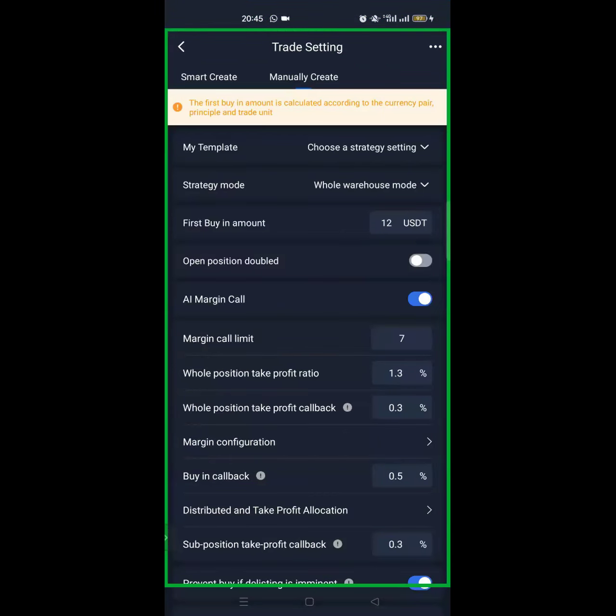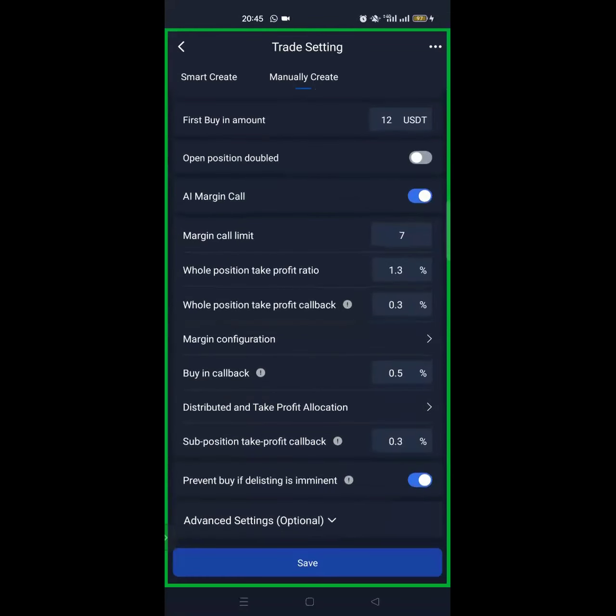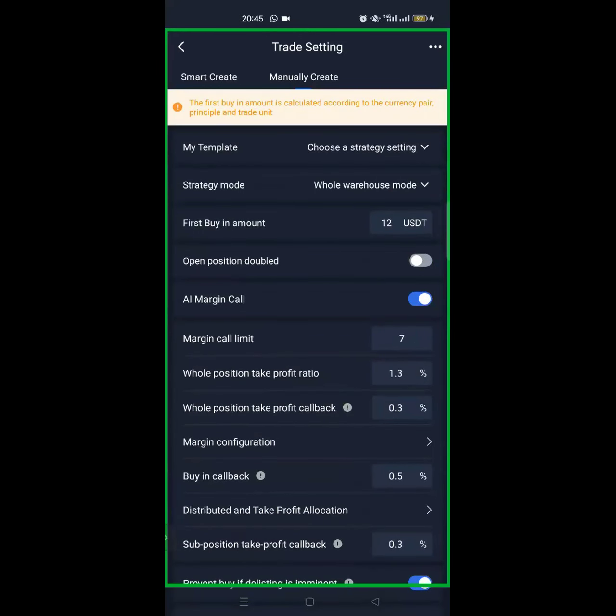I like to explain what this particular interface are, the callbacks, the first buy, open position doubled, AI margin, and the rest.